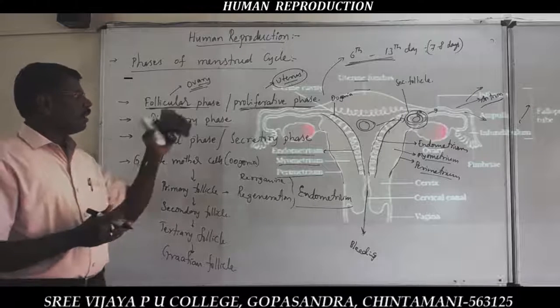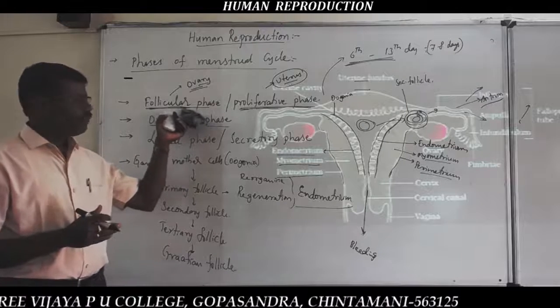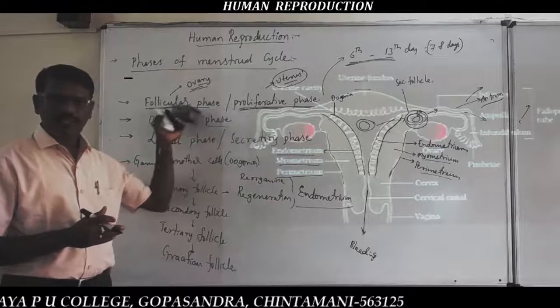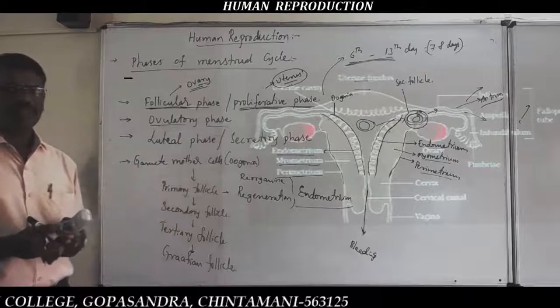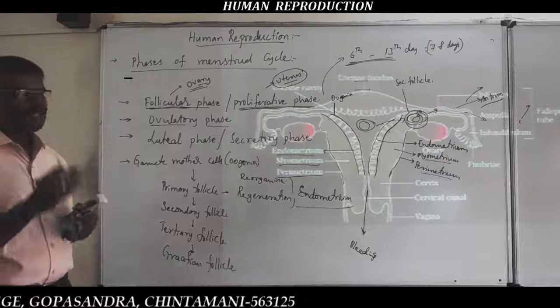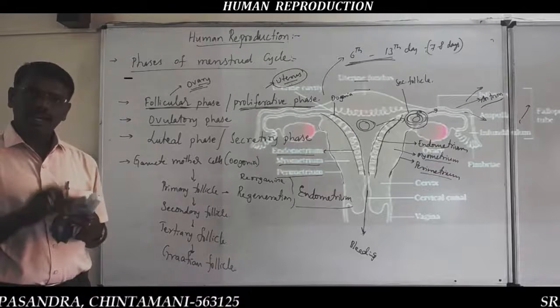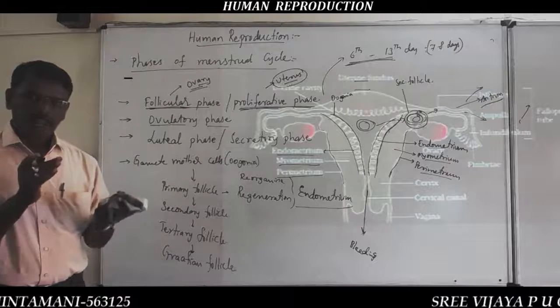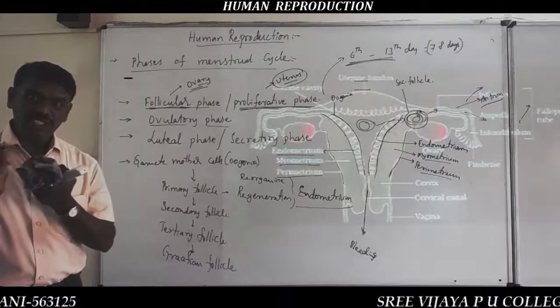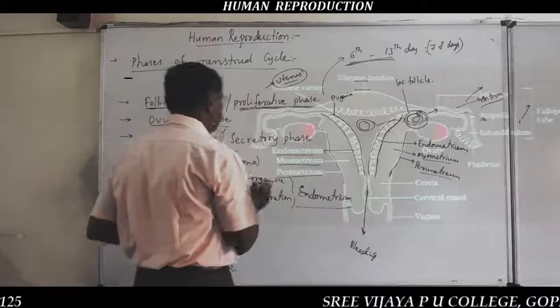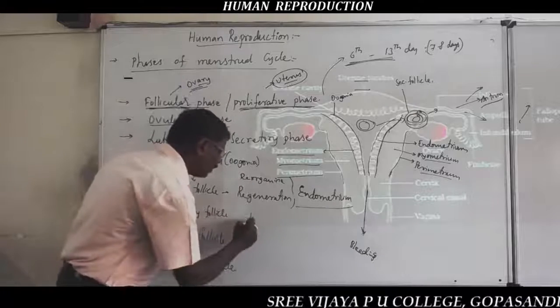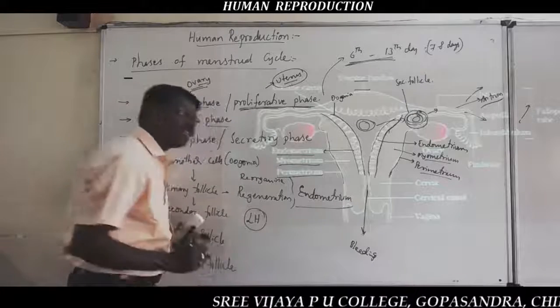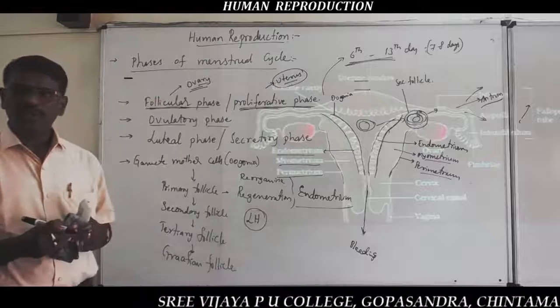So at the end of the proliferative or follicular phase, around the 13th day, there is an increase in the secretion of LH hormone.